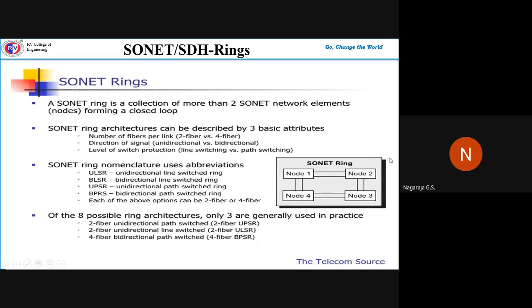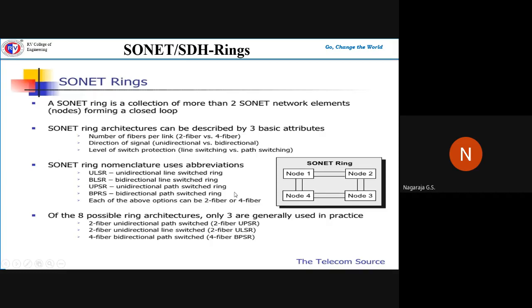Yeah, that's what we have. There are various terminologies relating to Sonet data transmission, starting with the unidirectional line switching ring, bidirectional line switching ring, then the unidirectional path switching ring, then the bidirectional path switching ring.